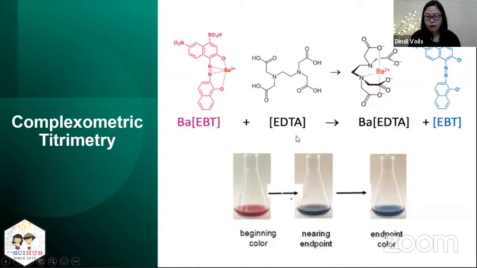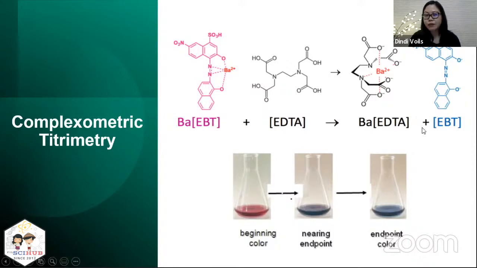So the more EDTA you add to your mixture, the complex changes. The barium becomes more attached to EDTA because the complex formation is more favorable for barium-EDTA. At the equivalence point, all the barium that's available will form a complex with EDTA, which is a colorless complex.